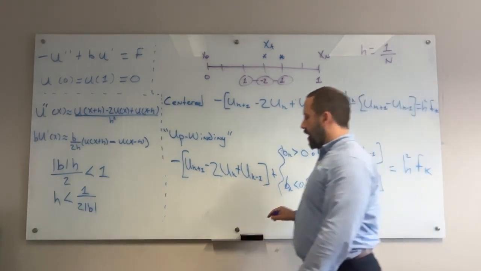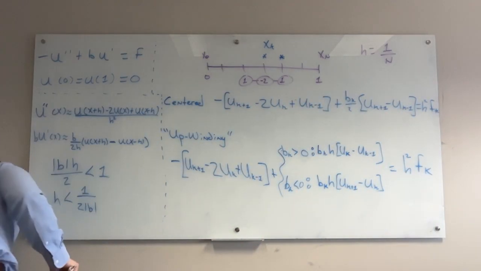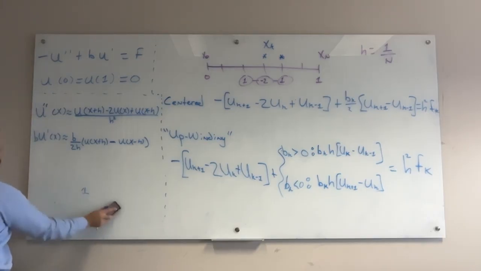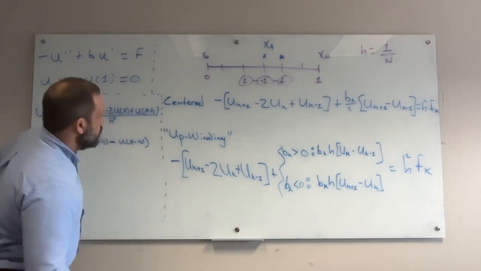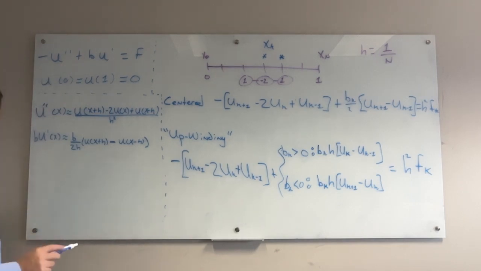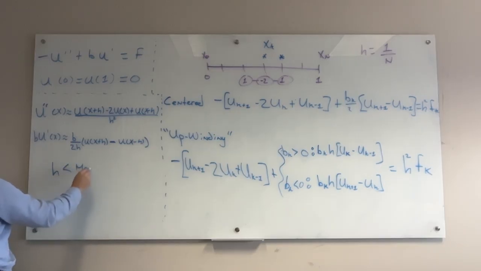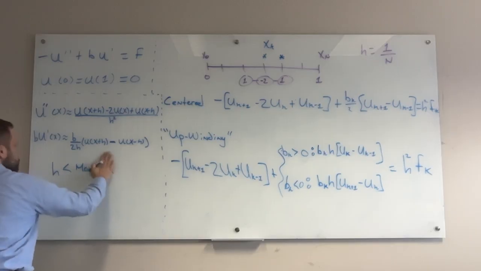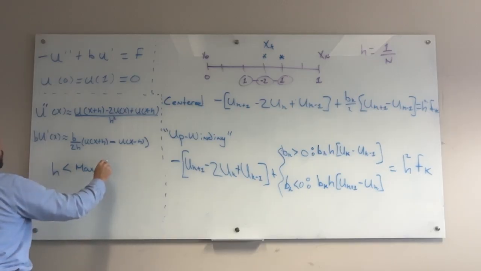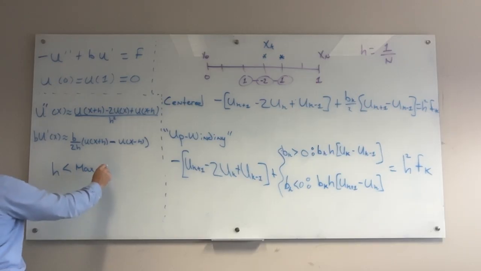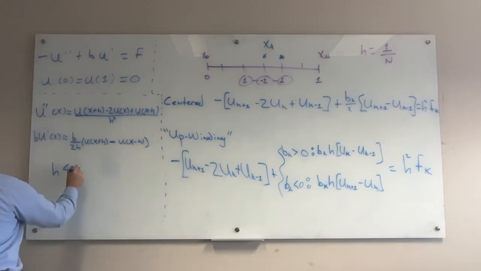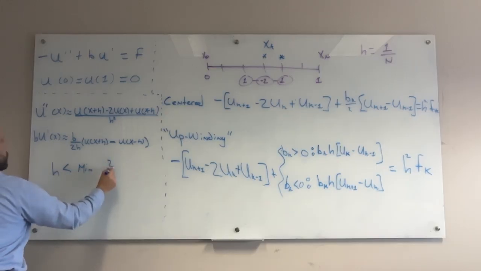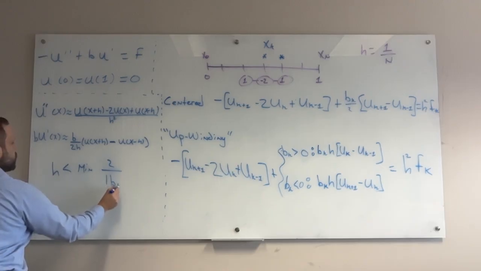The other thing is, if we still want a quadratically converging method, we could still just take h to be small enough. And what we need to have happen then is h needs to be less than the minimum of 2 divided by the absolute values of all the b_k's.